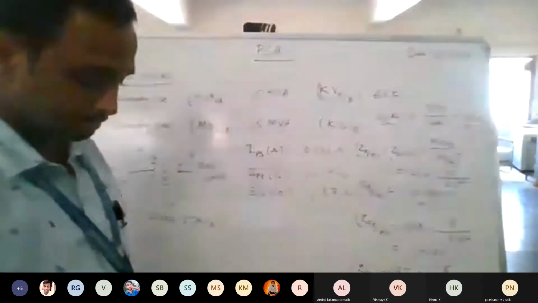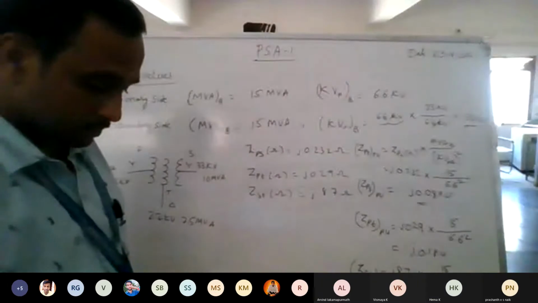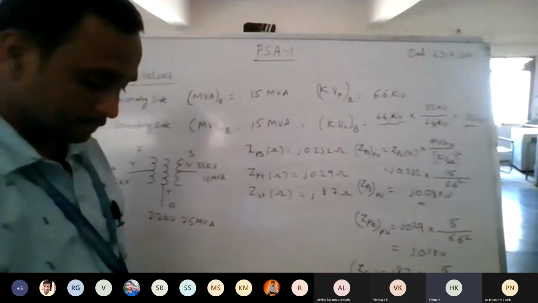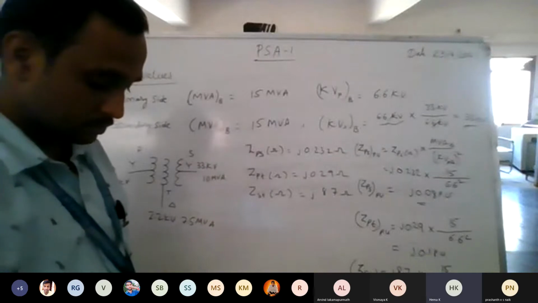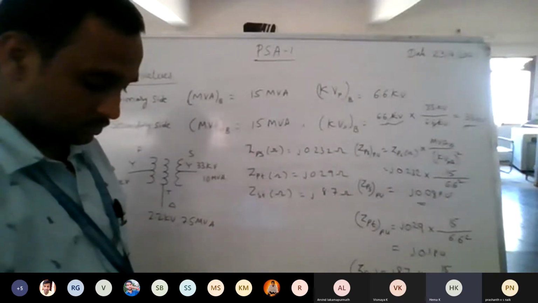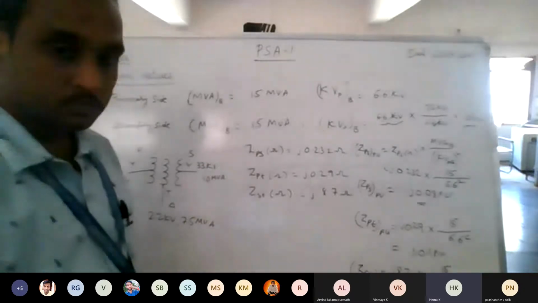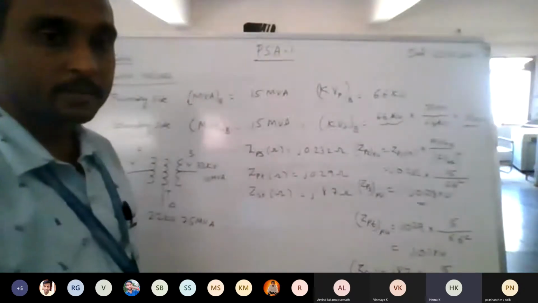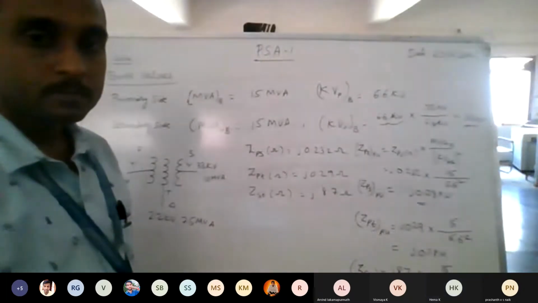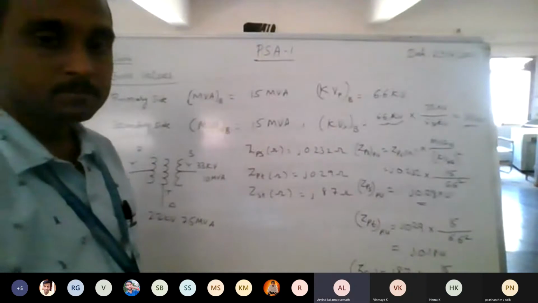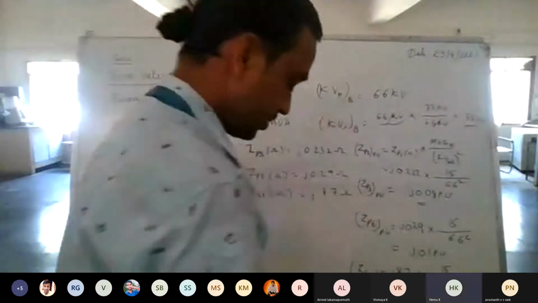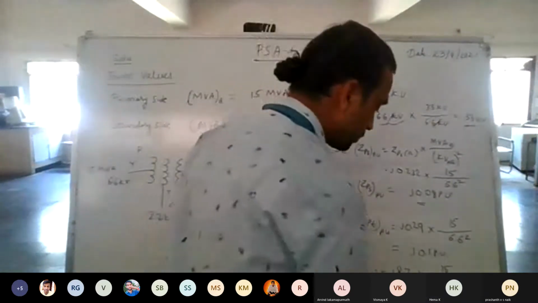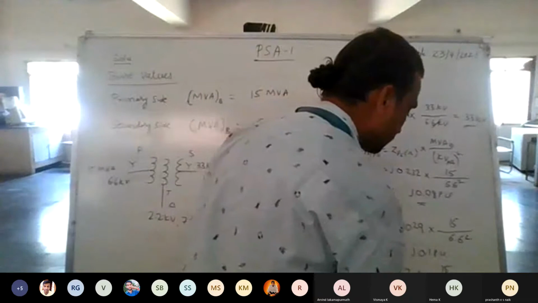How much is it? Anybody? J0.12, right? J0.12 per unit.